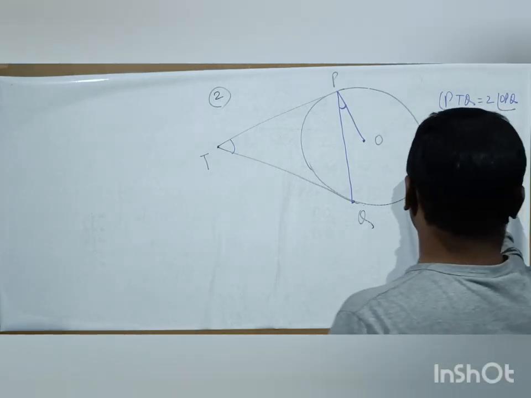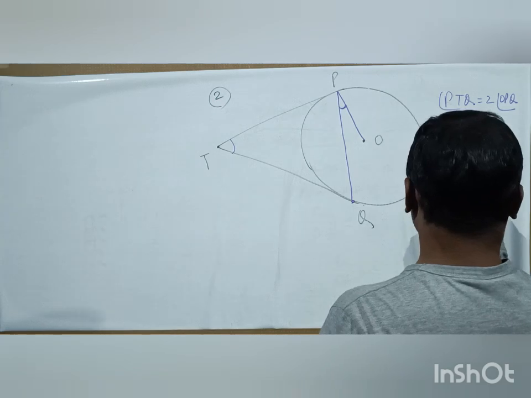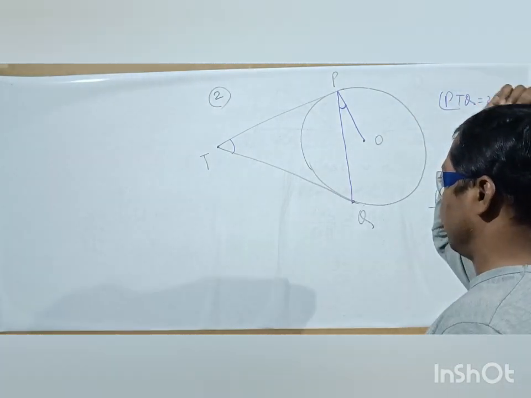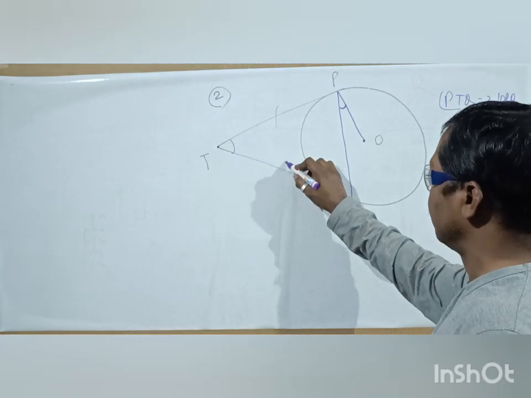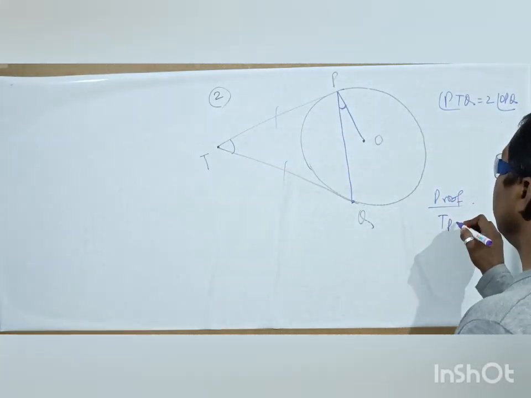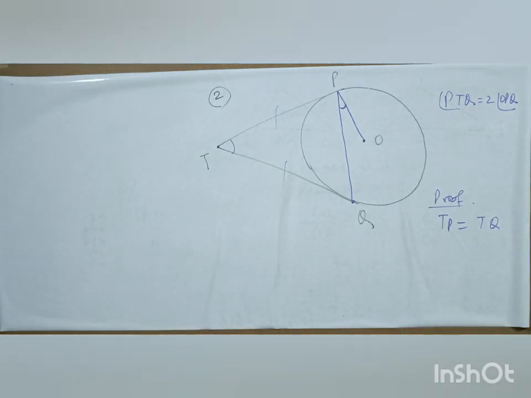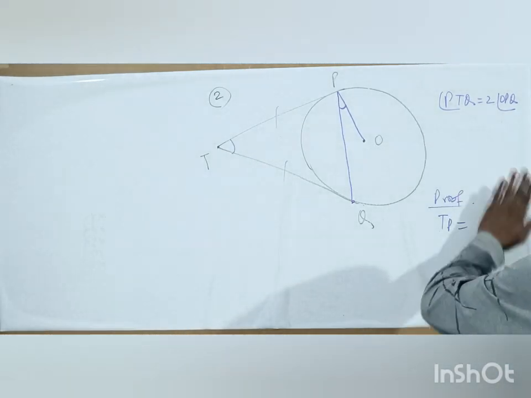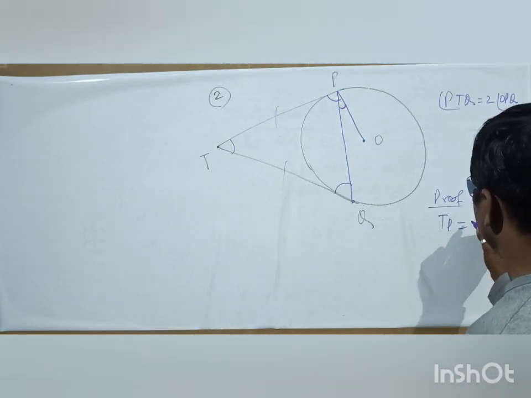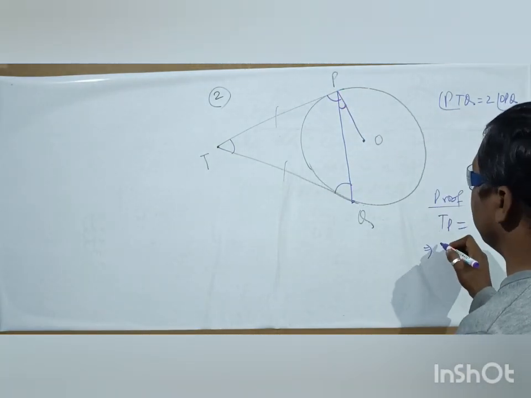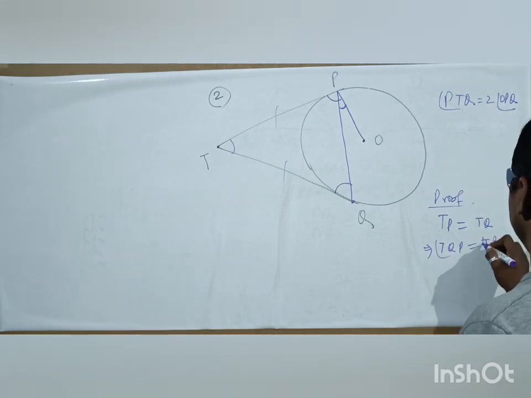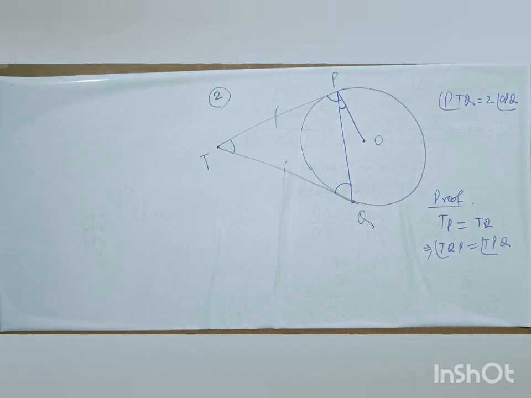Let's start with the proof. We know that from an external point, the lengths of the tangents to a circle are the same. So TP will be equal to TQ. It means these two angles will be the same, so TQP equals TPQ.